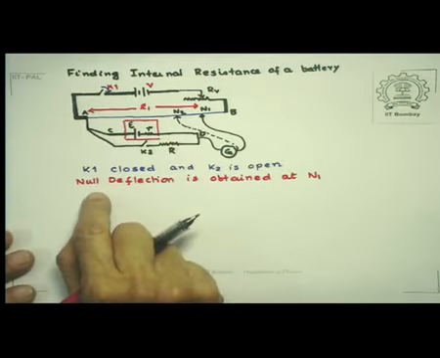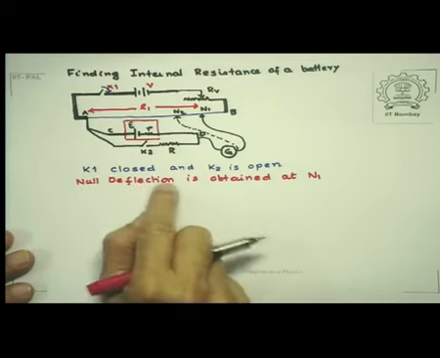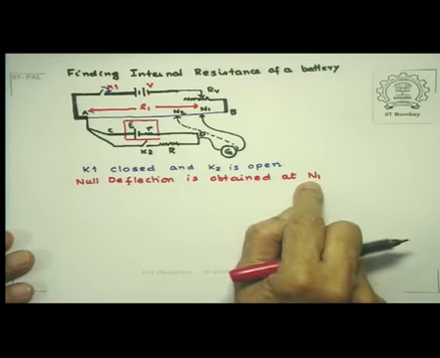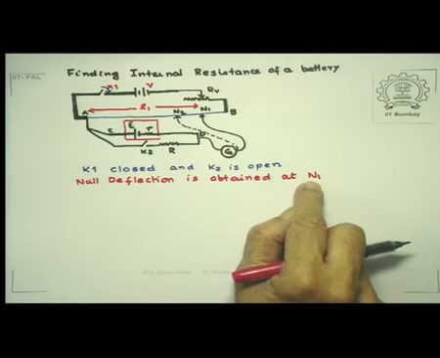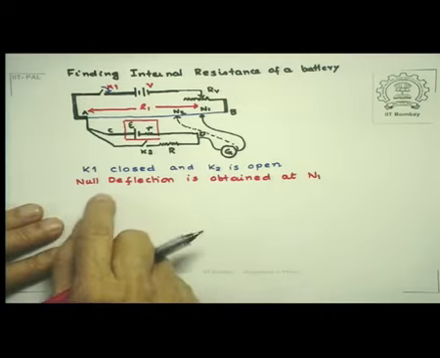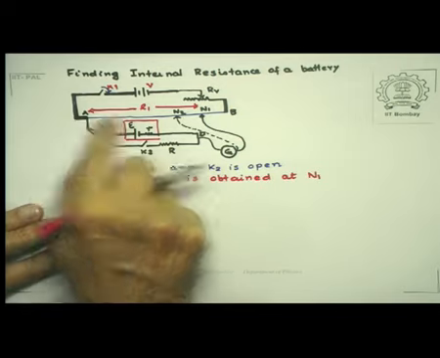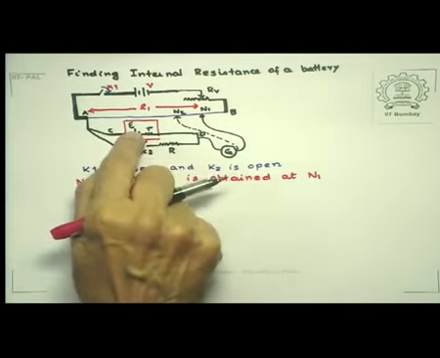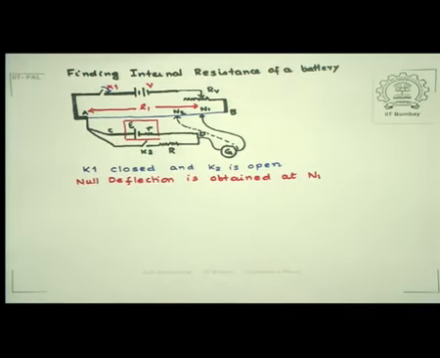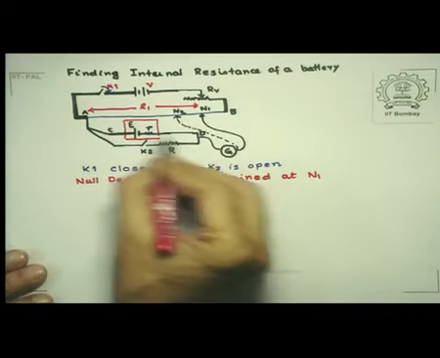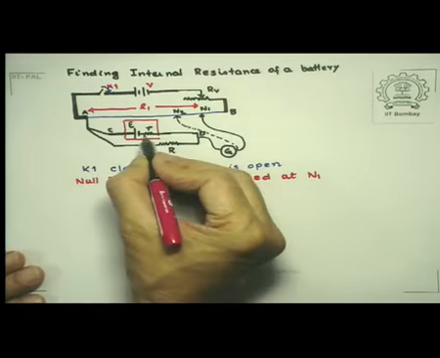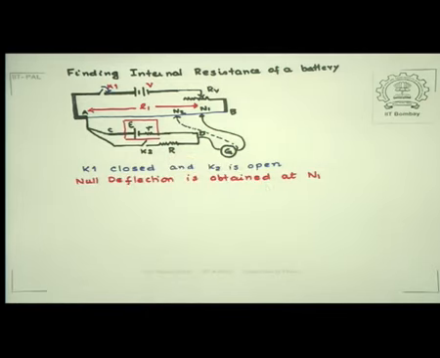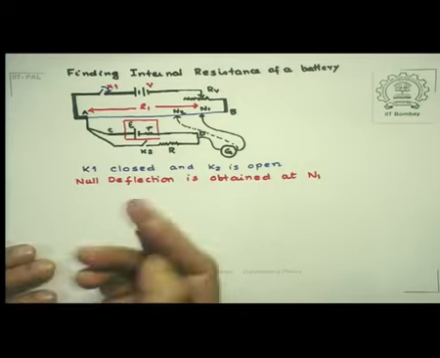So suppose in this situation null deflection is obtained at N1, then what happens is this potential drop across AN1 balances the EMF E. Now as I have said in the other part also, that since there is no current through this section CD, let us say, the internal resistance does not play any role in this process. Now let's look at how much is the drop.